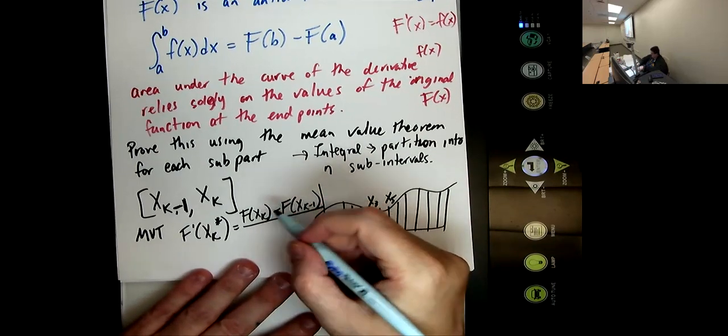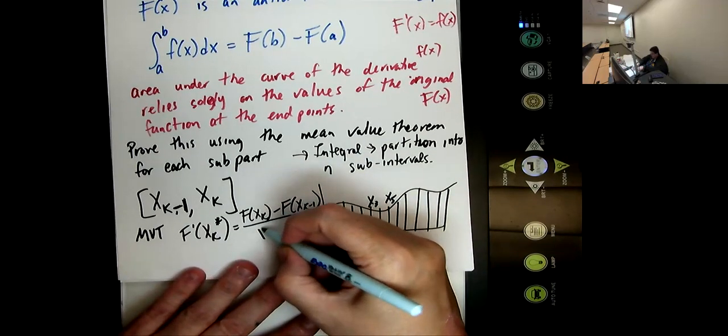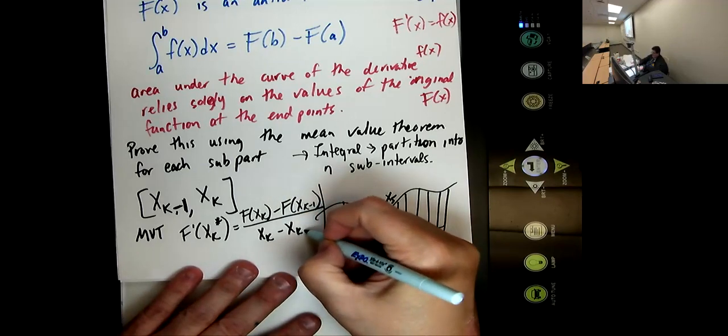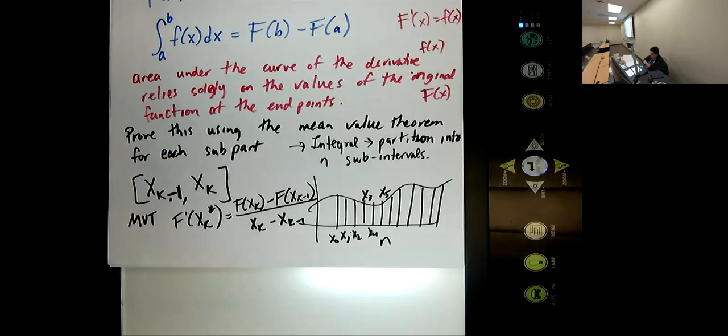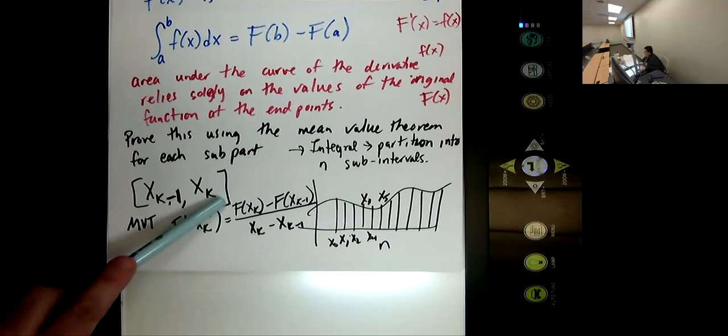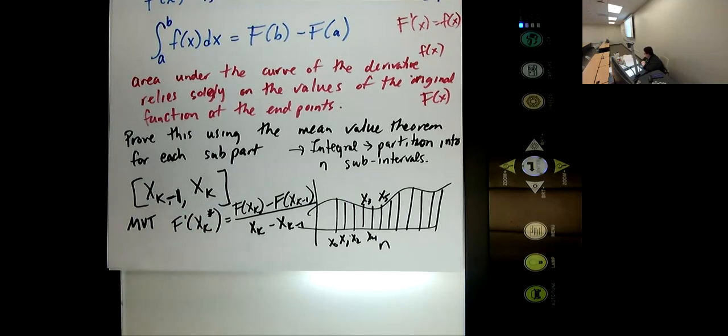Let's see, this is x sub k minus x sub k minus 1. That's the mean value theorem. We use little f. We just said f of x and stuff like that.